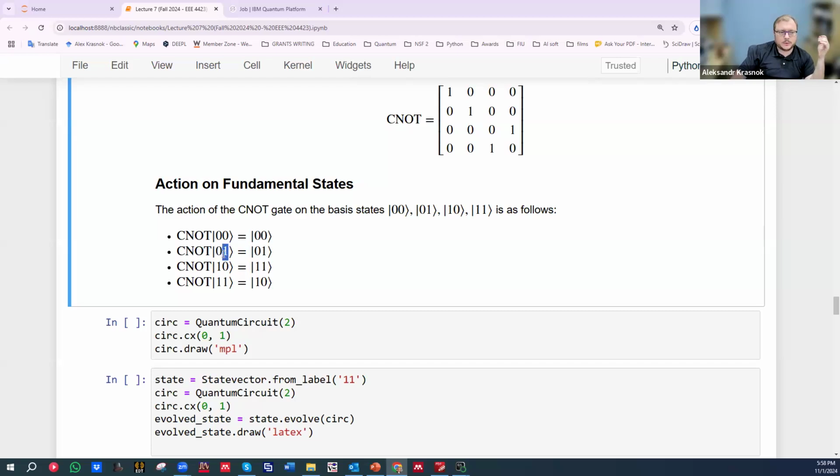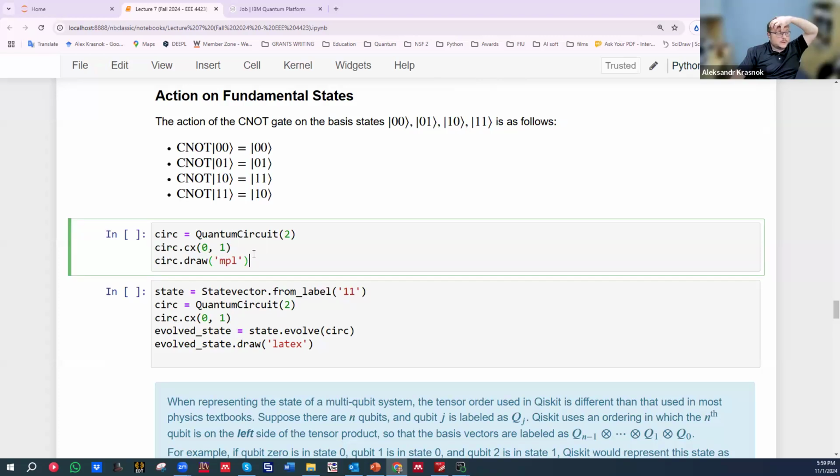If it's 0 but the target is 1, it's also 1 in the output, doesn't change. However, if my control is 1, then my target changes the state, from 0 to 1 or from 1 to 0. So simple.